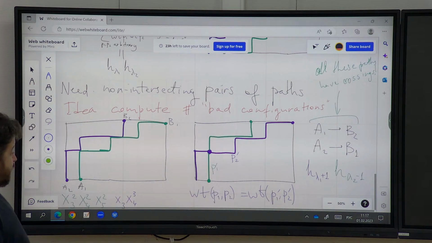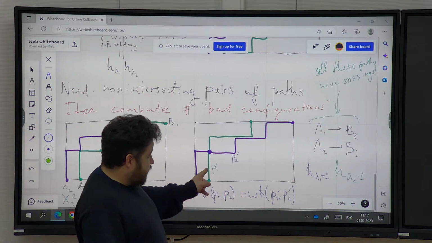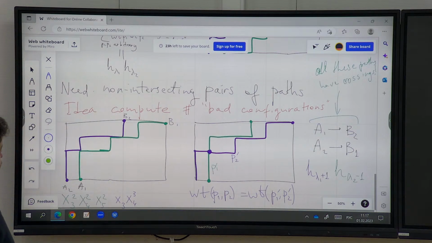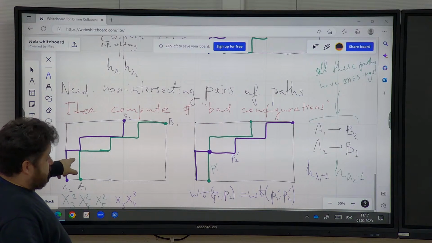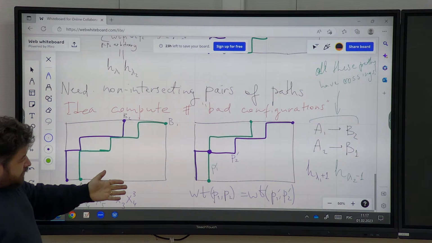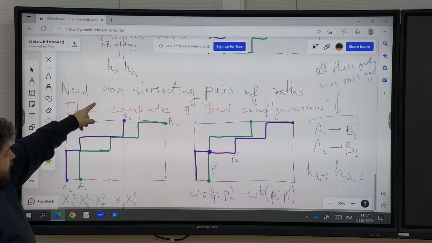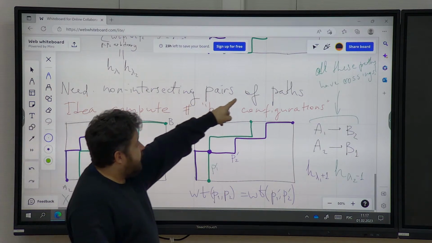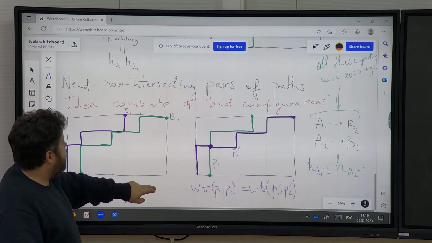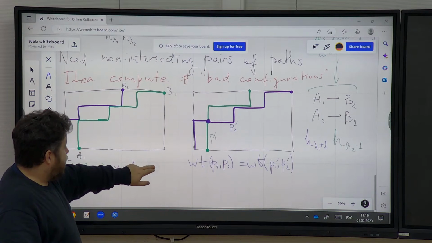The generating function for such configurations is over here, and the generating function for all pairs of these guys without any conditions is over here. So what you want to have at the end of the day, the generating function for non-intersecting pairs of paths, is this h.